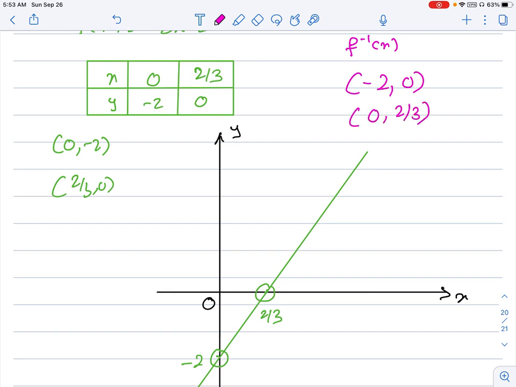So if x is negative 2, then y is 0, and if x is 0, y is 2 upon 3. So it may be something like this. Negative 2 and 2 upon 3.